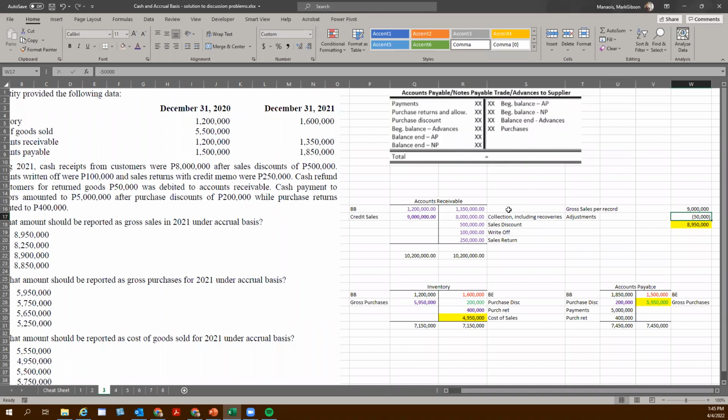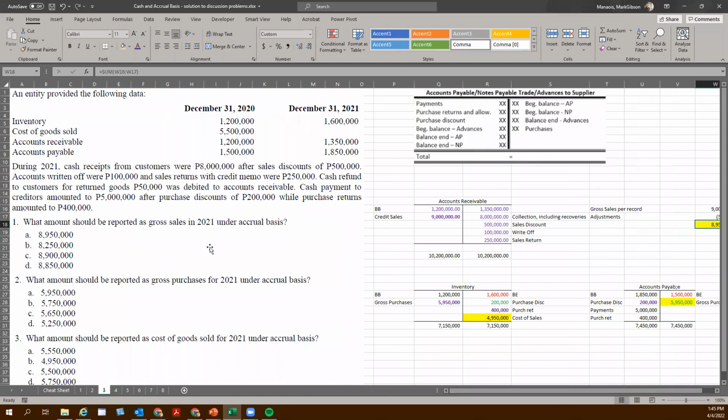But that's incorrect. So we have to adjust our credit sales. So that's 9 million less the 50,000 returns. So that would be 8,950,000. The requirement for us, class, is under the accrual basis. So that's 8,950,000 or letter A.